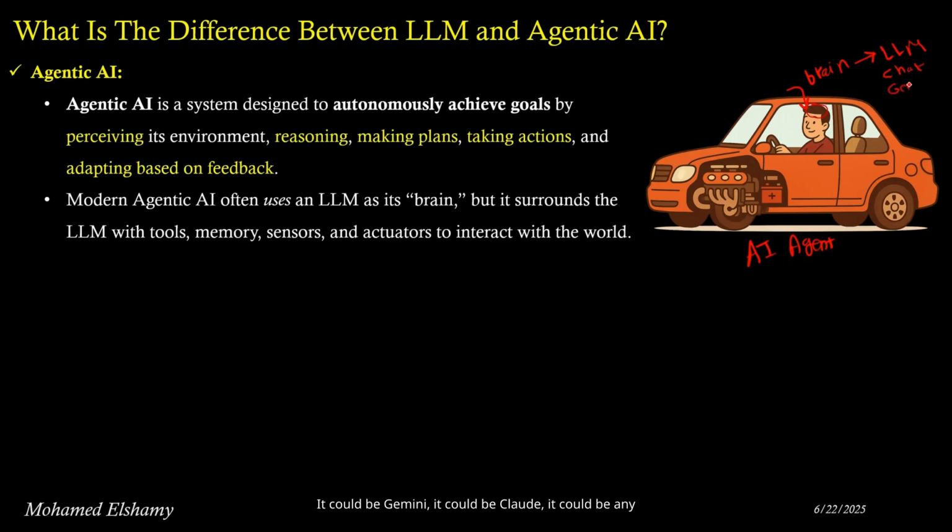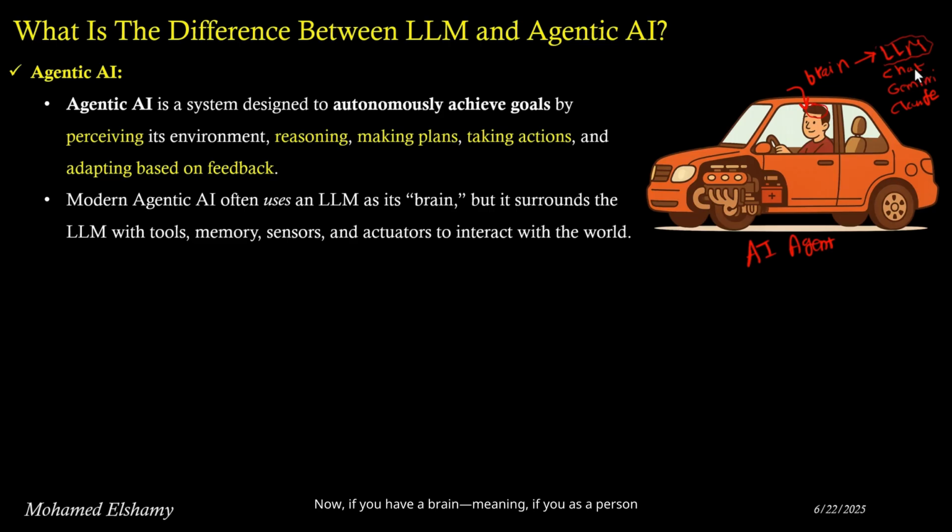It could be Gemini, it could be Claude, it could be any kind of AI model. We know that AI models are able to think, understand the words you say, and even respond in human language, or in the language people use. So the brain of the AI agent is always any large language model.